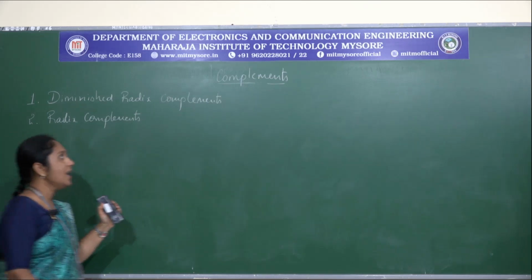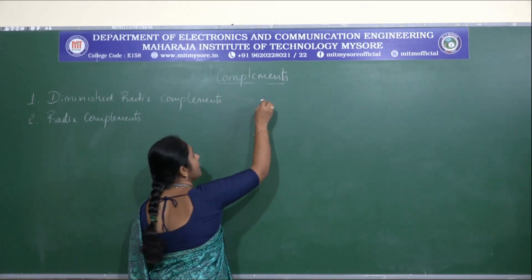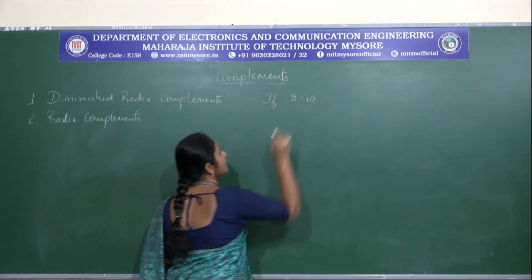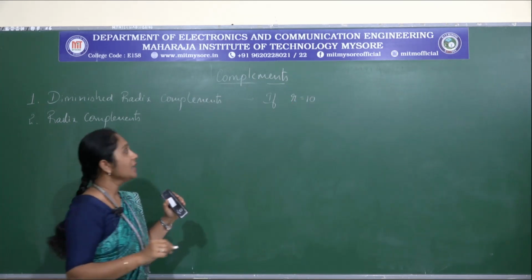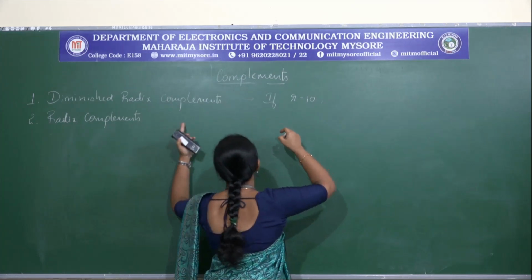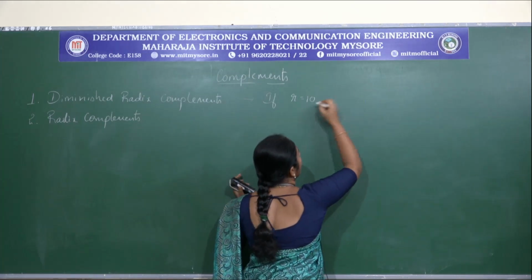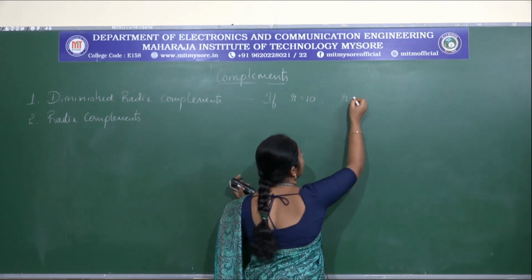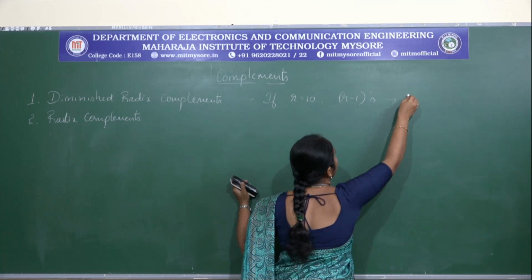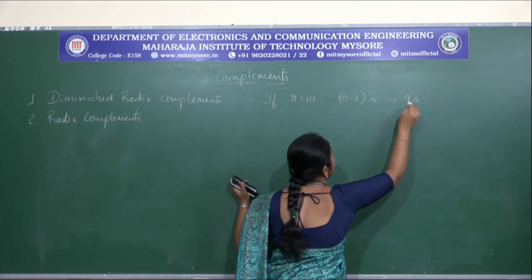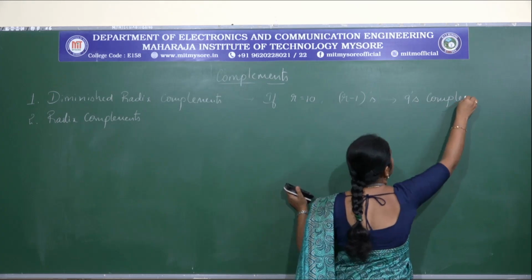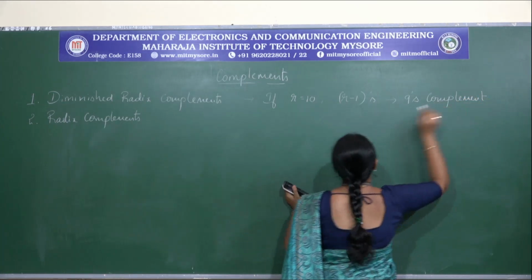If the base is 10, the decimal number system, then the diminished radix complement is r minus 1's complement. r minus 1 is 10 minus 1, which is 9's complement.